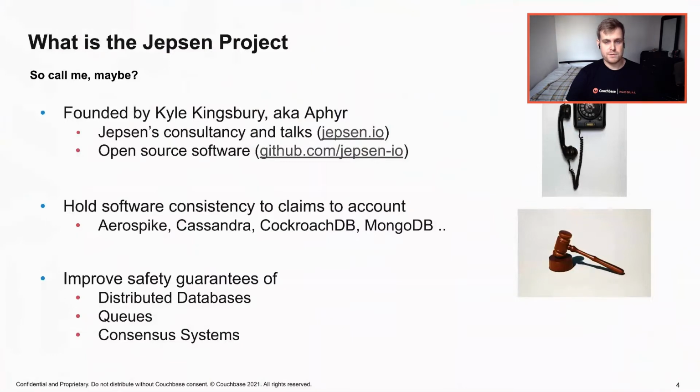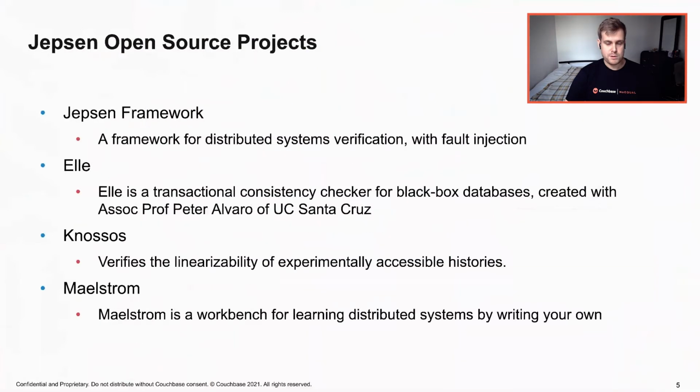Jepsen has currently released 4 main open source projects to help better understand distributed systems and test them. The first of these being the Jepsen test framework, which allows users to test their own distributed systems by introducing failures into the system. Elle, developed in collaboration with Professor Alvaro, helps to perform testing for transactional consistency and now comes packaged with the Jepsen framework.